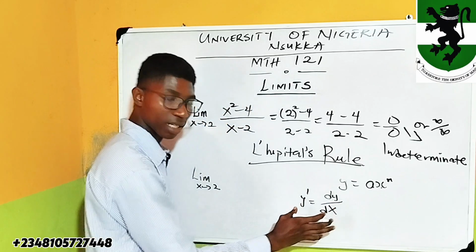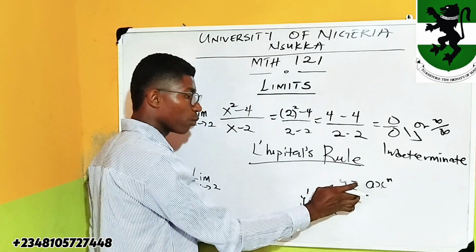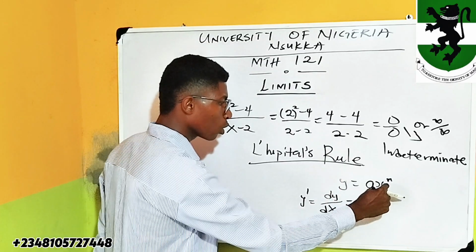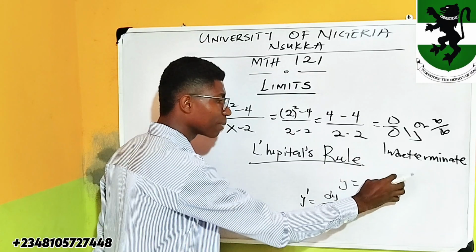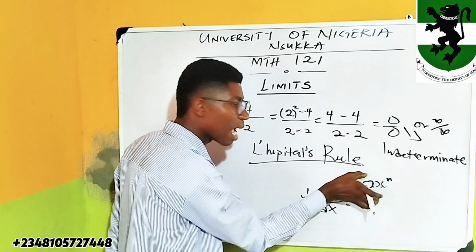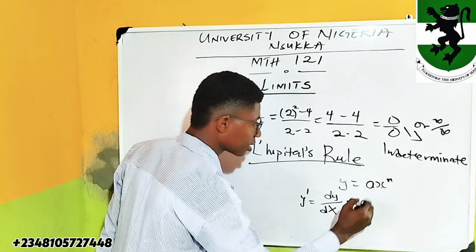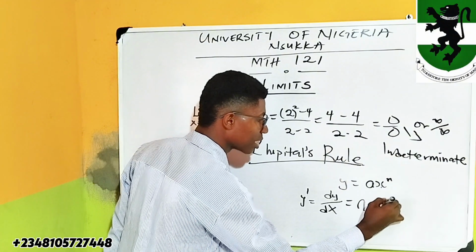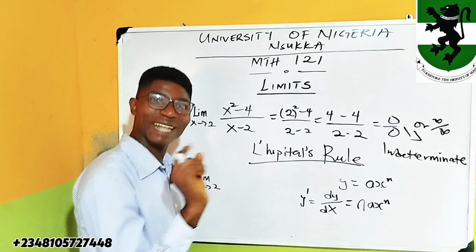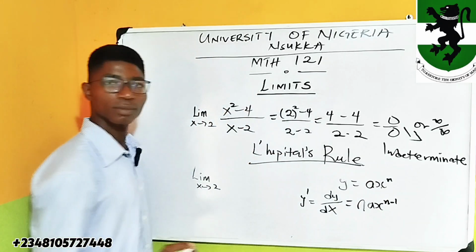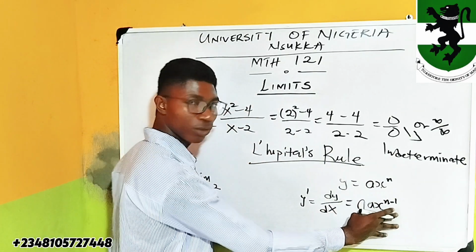So we are going to differentiate y with respect to x. So dy over dx is what? The rule is that we take the power and multiply the whole term. That is, the power is n, right? So n times ax exponent n. Now we subtract 1 from the power, so n minus 1. This is the rule of differentiation.